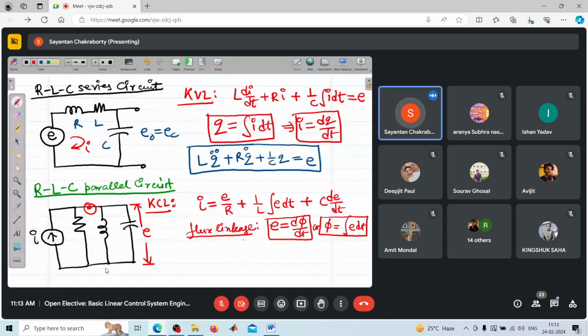What you get is C d dt, that means C d phi dt, so C phi double dot plus 1 by R d phi dt plus 1 by L phi is equal to I.